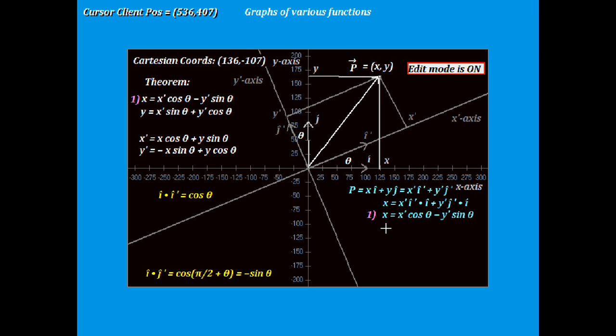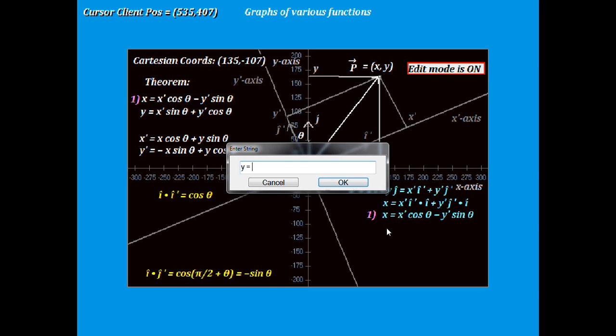Okay, and that's going to give me immediately, I can write down y equals x prime times i prime dot j, plus y prime times j prime dot j.